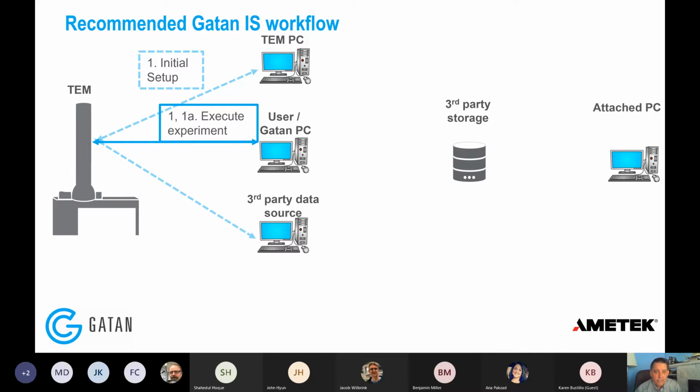But then the Gatan PC should be able to collect and align all of the various inputs, and you can execute the experiment directly from a single PC. Then these other sources feed the Gatan PC the data, and the user, in as much as the user can see in real time what's happening, has an opportunity to go back and make modifications on the fly.